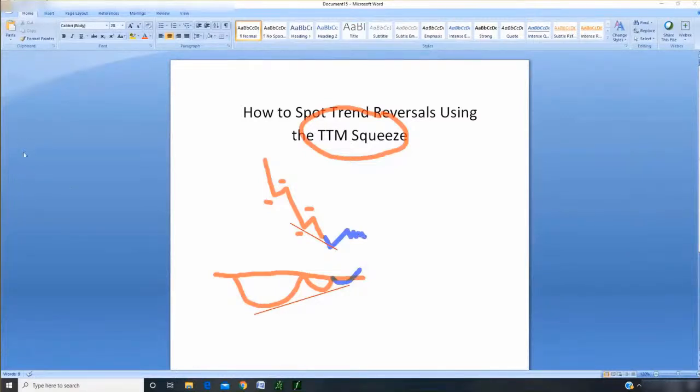So what you have is a divergence that leads into a squeeze. If you can have a divergence that leads into a squeeze, then there is a higher probability that that downtrend is coming to an end, and that squeeze is going to fire to the upside. Now, we don't know that with a certainty. It's all a probability game.